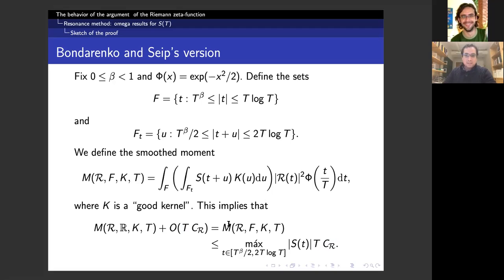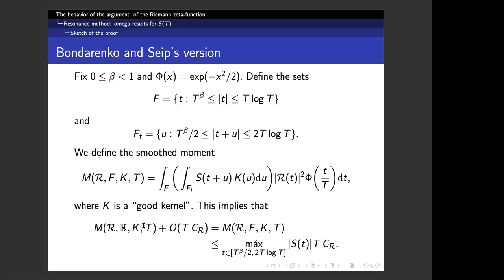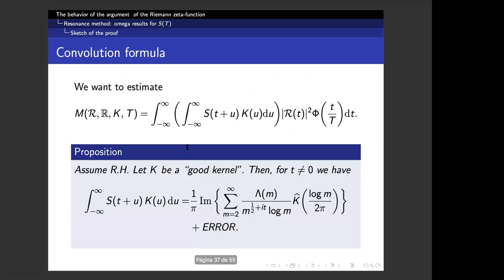So now I would like to obtain lower bounds for this smooth moment where you change this F with R. So we want to obtain lower bounds for this double integral here. So first, I would like to understand this integral here. So there is a proposition. Really, this proposition is due to Selberg and used by Chang to obtain omega results too, for zeta and for other functions.